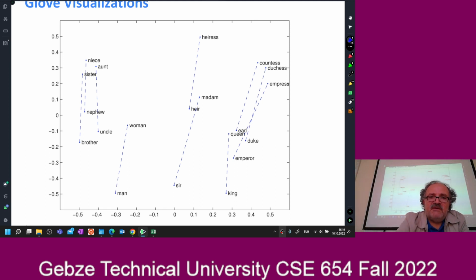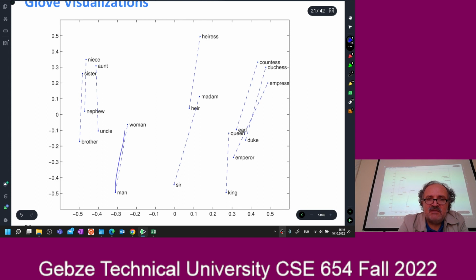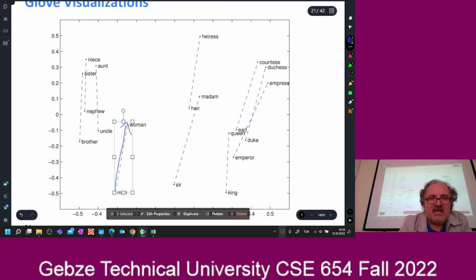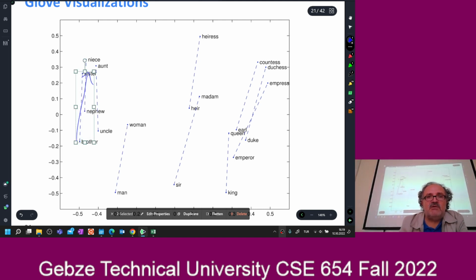You say find the vector between man and woman, this vector. I am not showing it in 200 dimensions, just two dimensions. If I take this and put it on brother, the closest word at the end of this vector is sister.